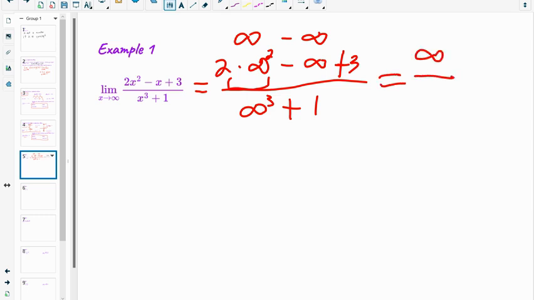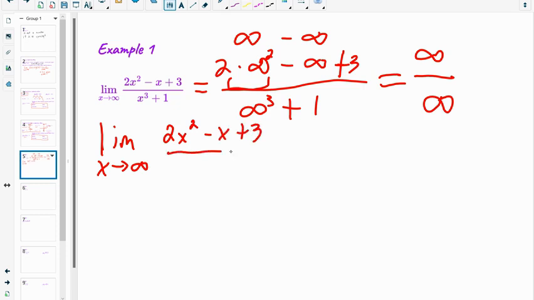So what we ultimately end up with is infinity over infinity. Now, this becomes a lot like the 0 over 0 situations. We can do something about this. So I'm going to rewrite the problem. The limit as x approaches infinity of 2x squared minus x plus 3 divided by x cubed plus 1.